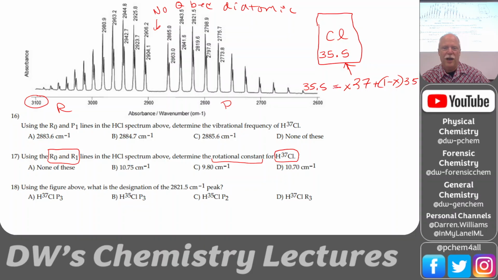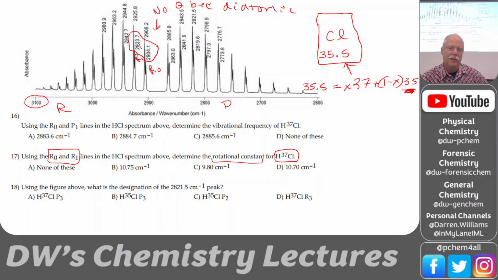So you could figure out what x was and solve for the ratios. But all I need to know is that it's closer to 35. So 35 is the most abundant one, so 37 is the smaller peak. And so this is R0 and this is R1. And we're going to use the smaller numbers.